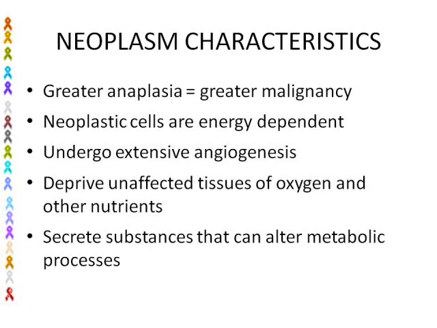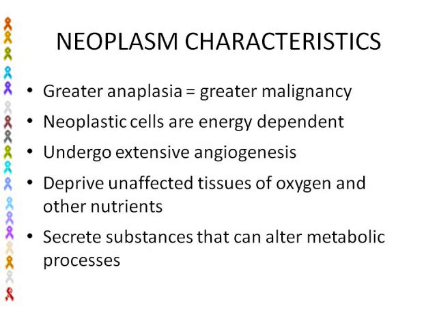Neoplastic cells are energy dependent. They need the oxygen, they need the nutrients. So they undergo extensive angiogenesis. That means the development of new blood vessels. These blood vessels are what brings all the oxygen and the nutrients to them.